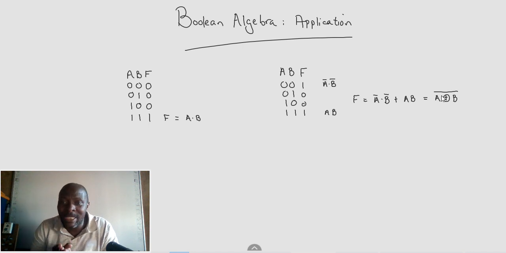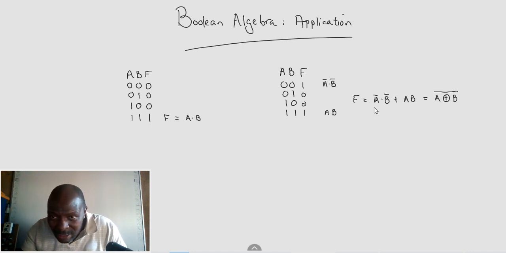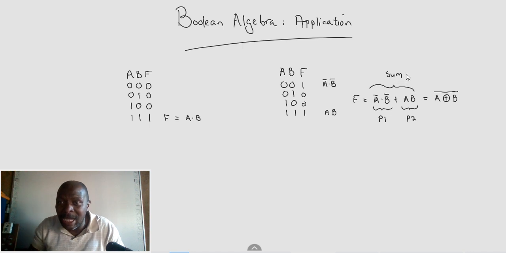What I want to highlight here is that we can see that's a product, and the OR symbol is like a sum. So this is product 1, product 2, and this is a sum. So we've got a sum of products.